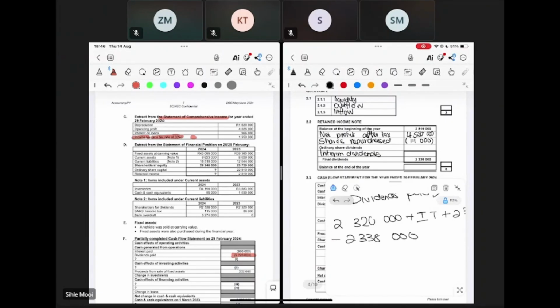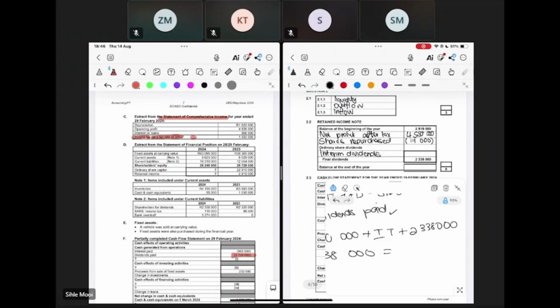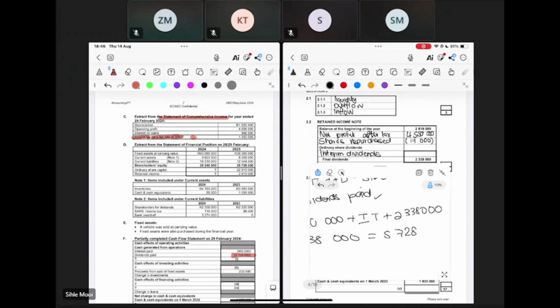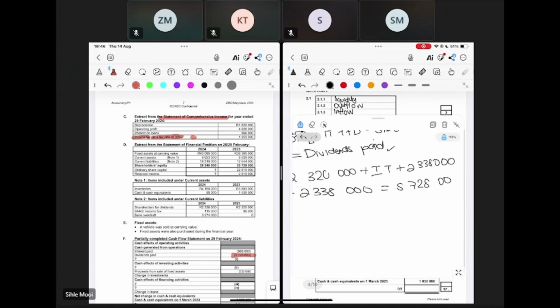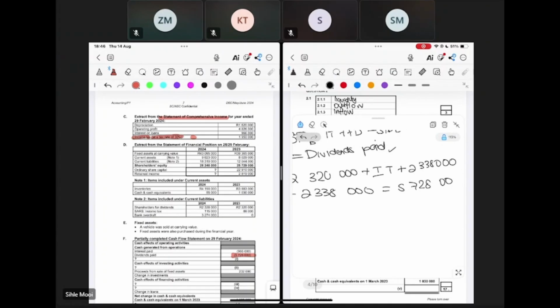Then that equals dividends paid, which is 5,728,000. Let me just expand this. So this is our formula.